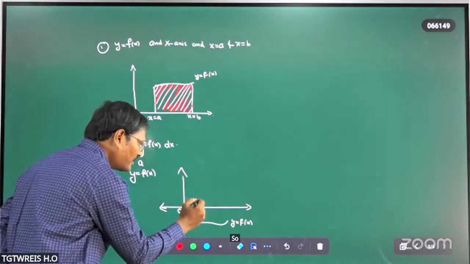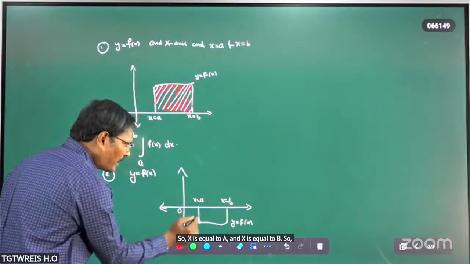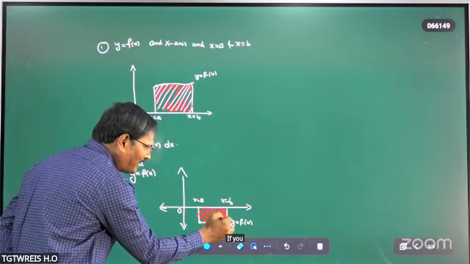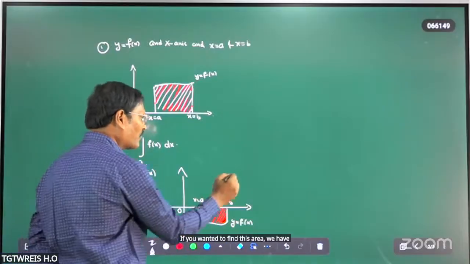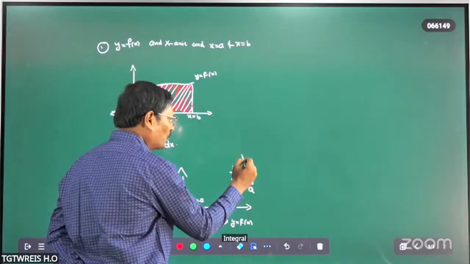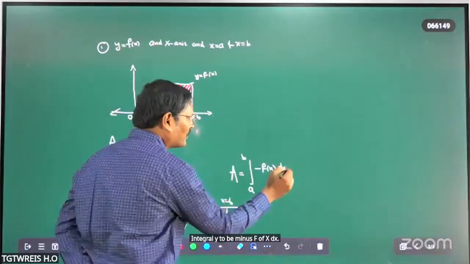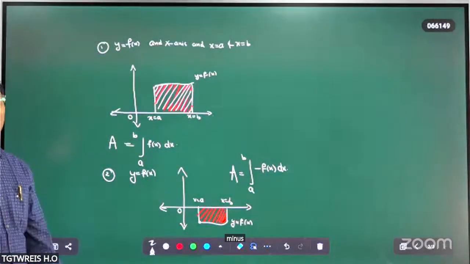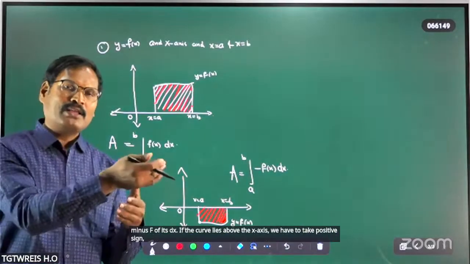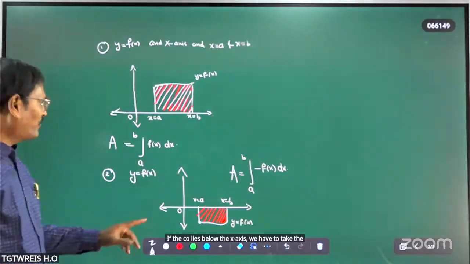So x is equal to a and x is equal to b. If you want to find this area, we have to use the formula area is equal to integral a to b minus f of x dx. If the curve lies above the x-axis, we have to take the positive sign. If the curve lies below the x-axis, we have to take the negative sign for the function.